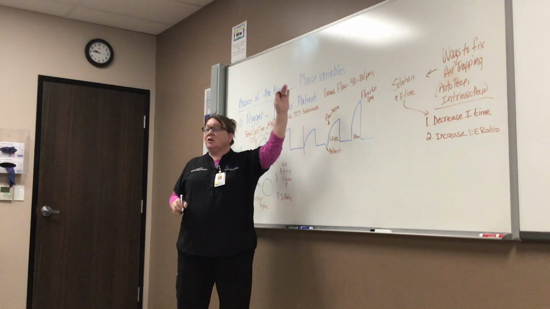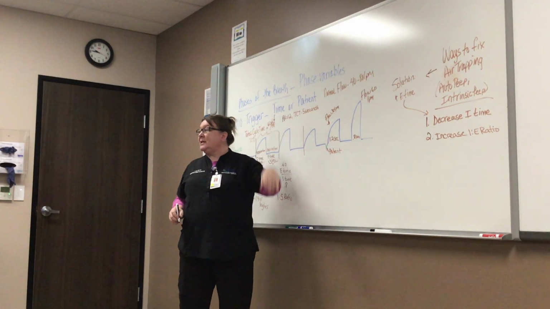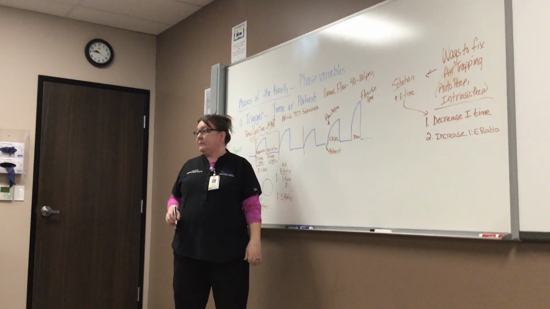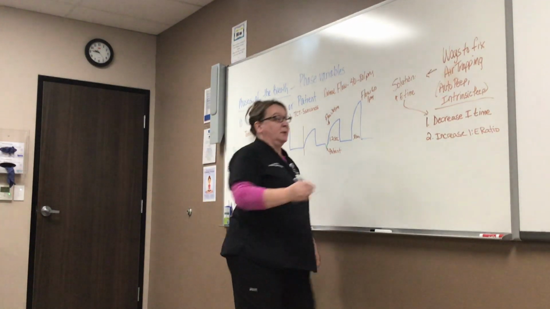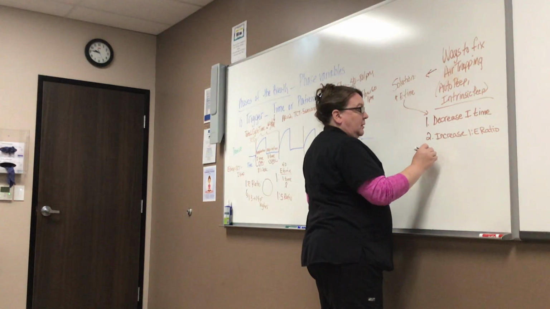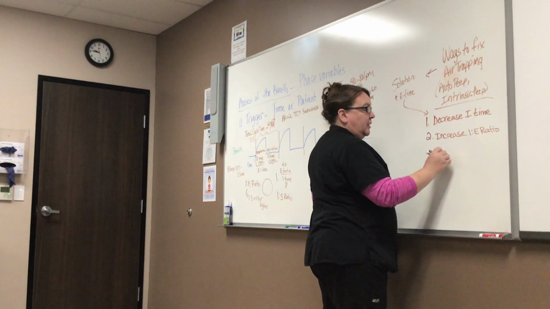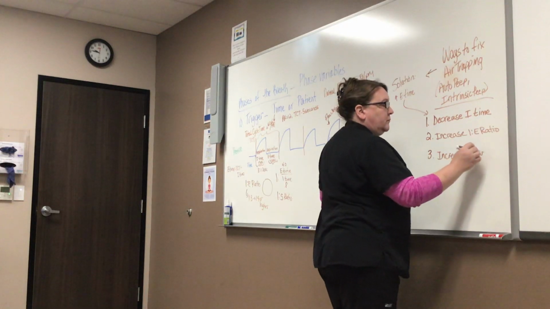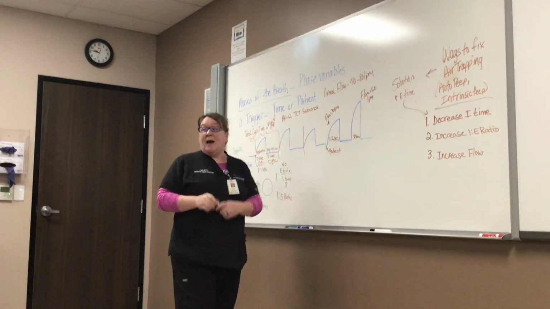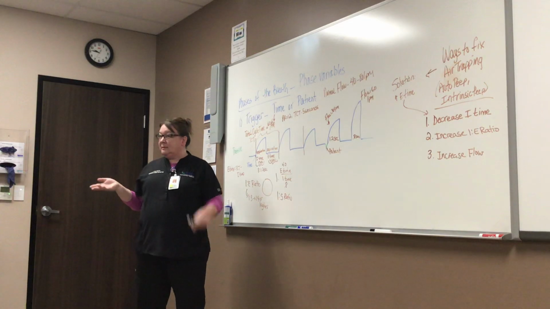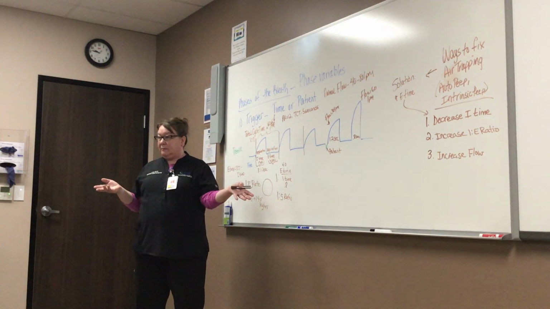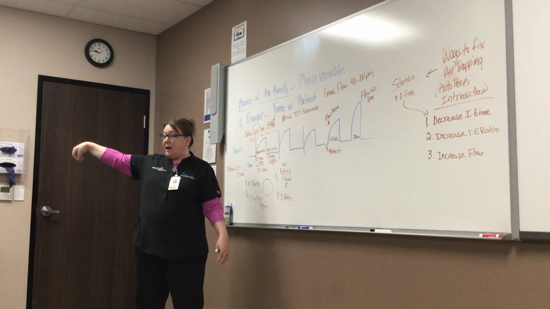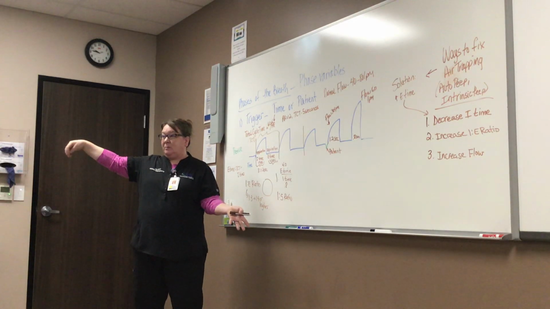So if you increase your flow, it's going to decrease your inspiratory time. So that's the third thing we can put over here: increase flow. Because the faster the breath goes in, the less time you need to deliver it. Like the faster you drive, the less time it will take to get somewhere.